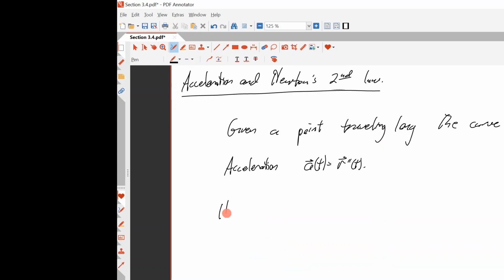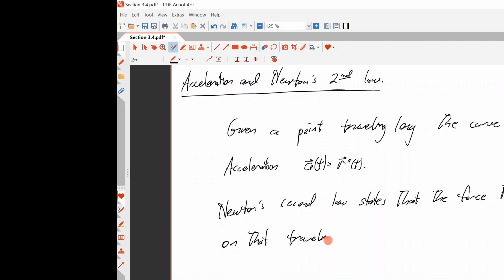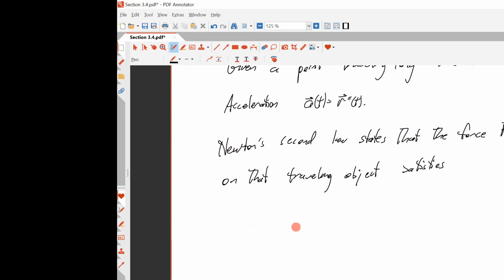Newton's second law says that the force acting on that traveling object satisfies force is equal to mass, which is just some constant quantity typically, times a of t.